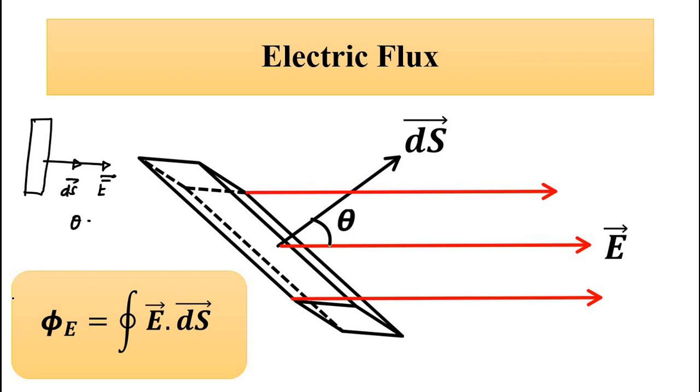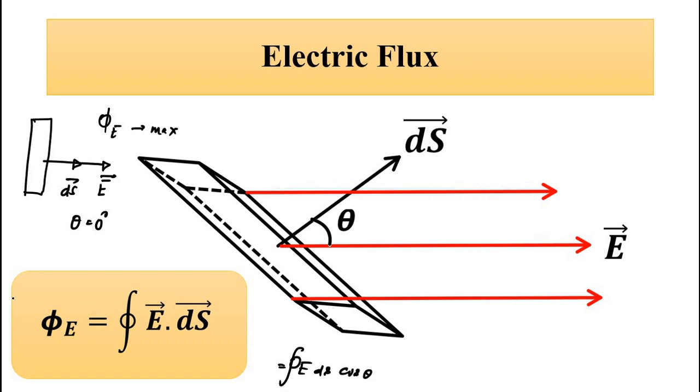In that case, theta will be 0 degree and electric flux will be maximum, because cos 0 degree is equal to 1. This is E ds cos theta, the dot product.